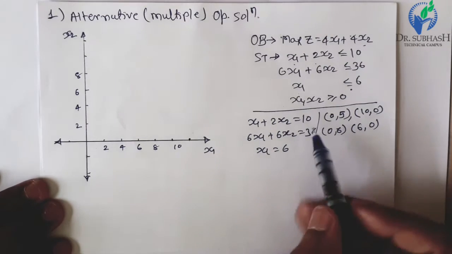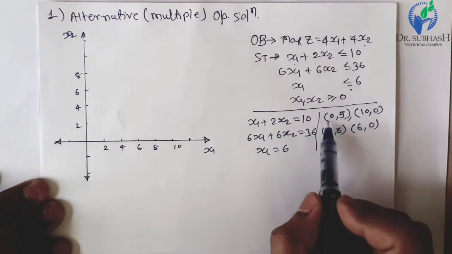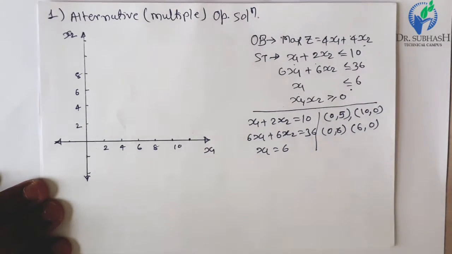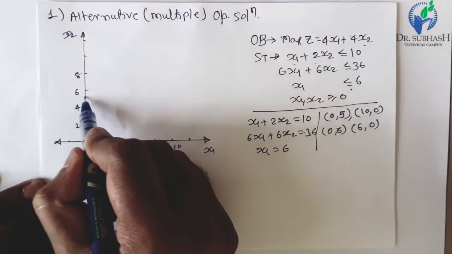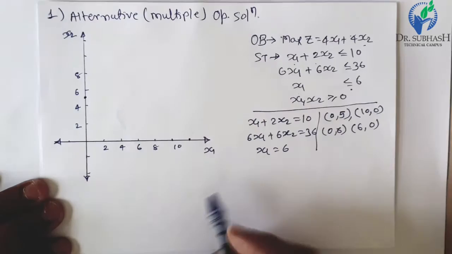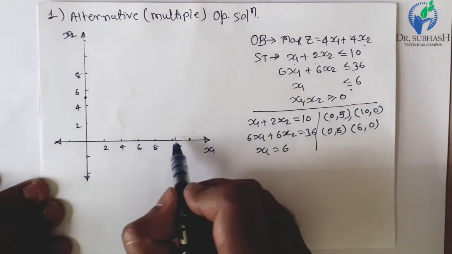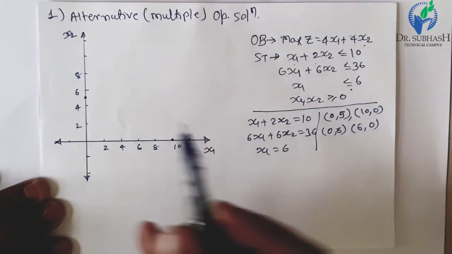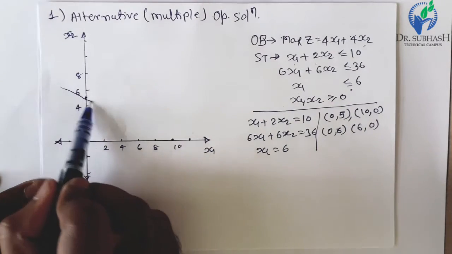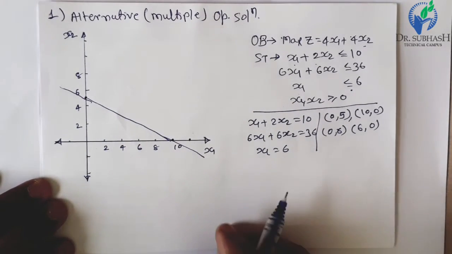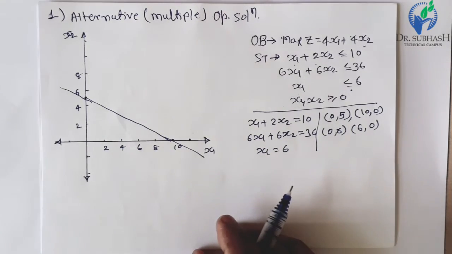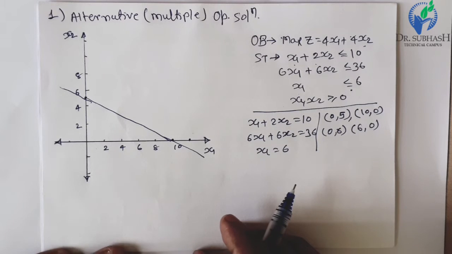Now draw a line passing through 0, 5 and 10, 0. At 0, 5 the value of x1 is 0 and the value of x2 is 5, so the point lies somewhere between 4 and 6, and 10, 0 is somewhere here. So you can draw a line passing through these 2 points. Now what about the region which is eligible to give us the solution?